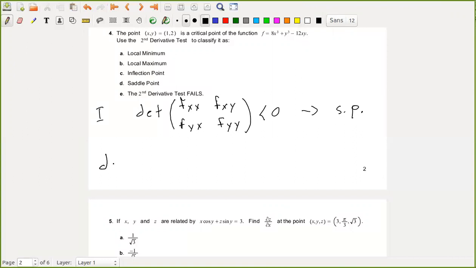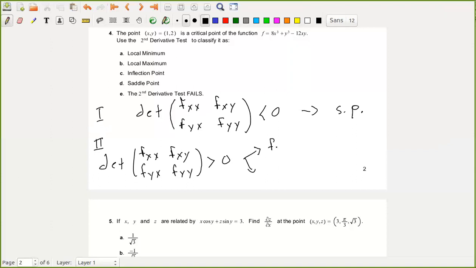Okay, I'll just write this again. Case 2 is if the determinant of this matrix is greater than 0, then we can split this now into two cases.